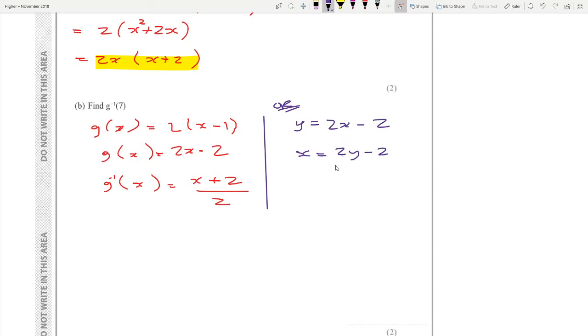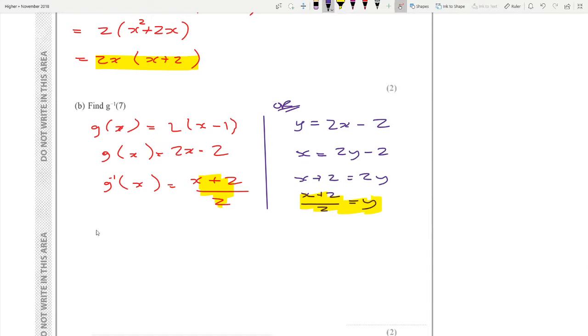Now rearrange this to make y the subject. You get the opposite of minus 2, add 2, so x add 2 equals 2y. Therefore y equals (x add 2) all divided by 2. Either way you do it, you get the same answer. So that's the inverse of the function g.